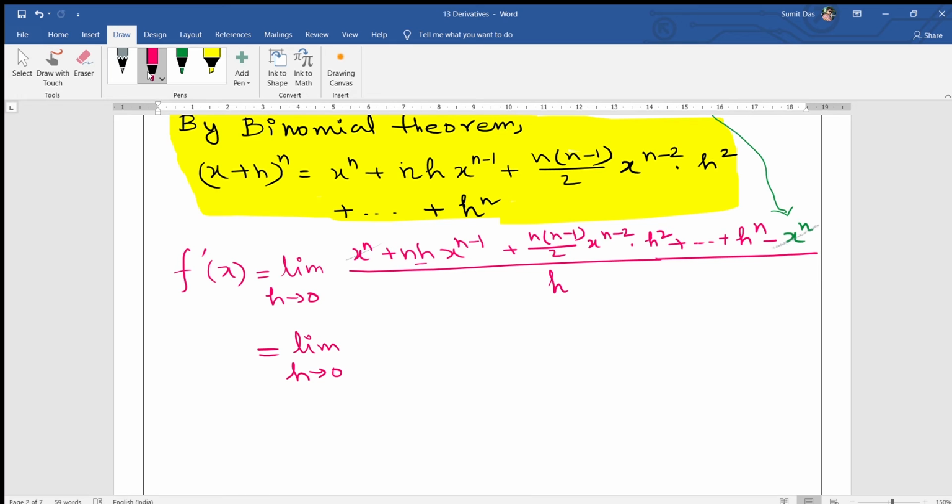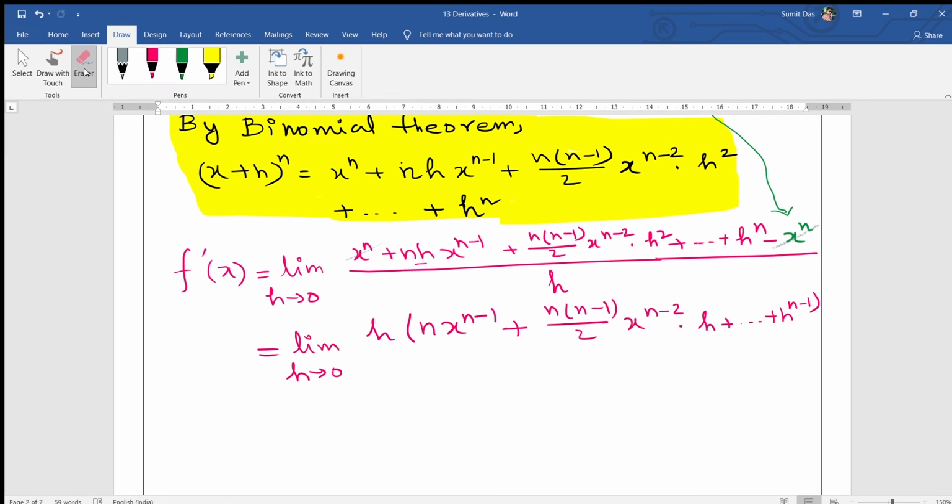After the x to the power n terms cancel, every term has h up to h to the power n. So I will take h common. What will remain? n x to the power n minus 1. Then here it will be n into n minus 1 by 2, x to the power n minus 2 into h, because here it was h square, plus continuation up to h to the power n minus 1.